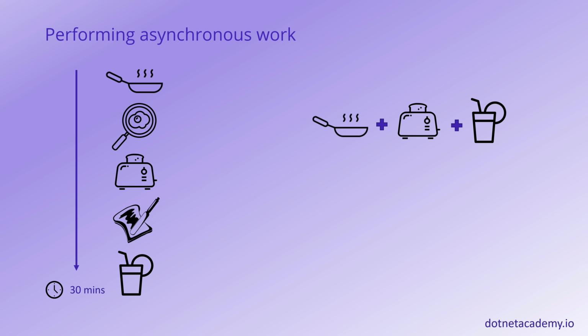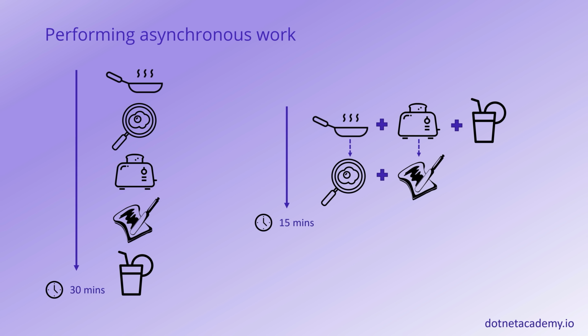Eventually, when the pan is ready, you go back to it and fry some eggs. And once the bread is toasted, you go and put the jam or peanut butter on it. Doing things this way, you can be done in much less time, say 15 minutes, and perhaps you can spend the rest of the time enjoying your breakfast.